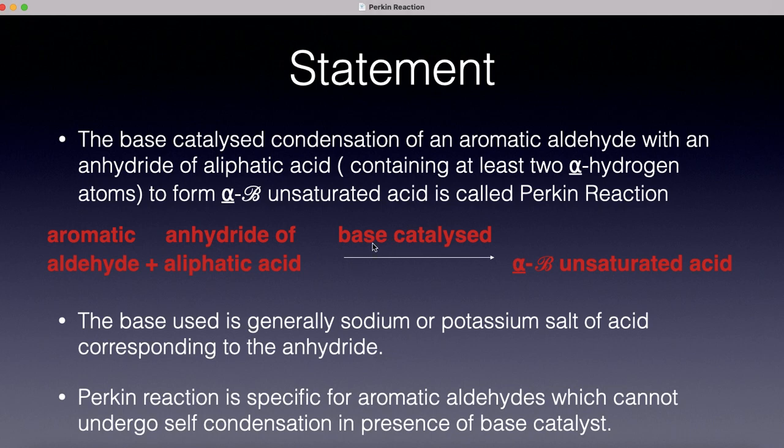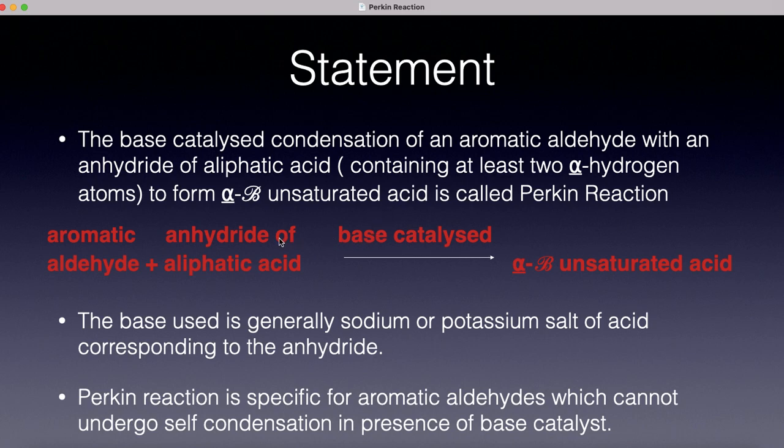Then this is the base catalyzed condensation. The commonly used bases are the sodium or potassium salt of acid corresponding to anhydride, and the product of this reaction is the alpha beta unsaturated acid.